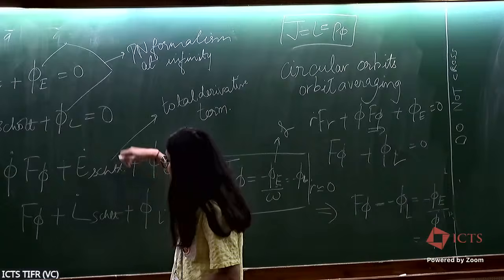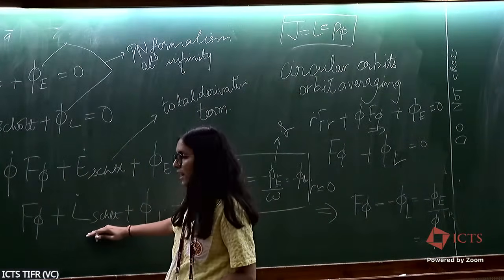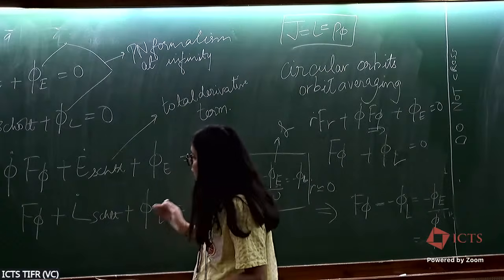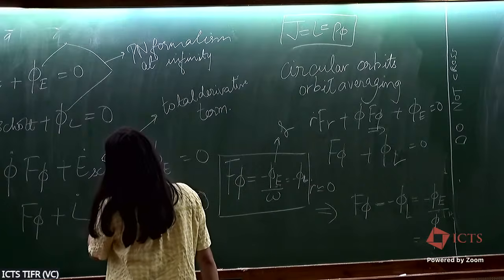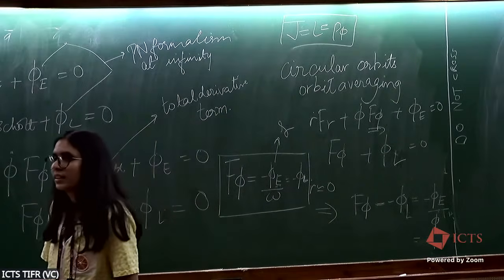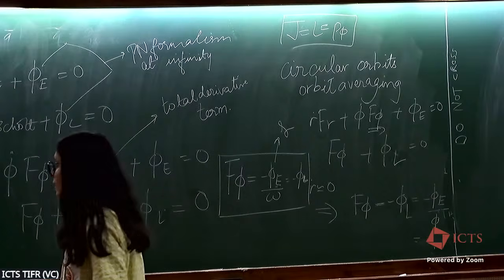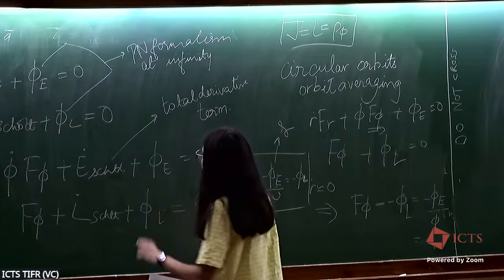You can consider some ansatz for the short terms, for the energy as well as the angular momentum short terms, by considering some physical insight that these short terms represent the radiation.